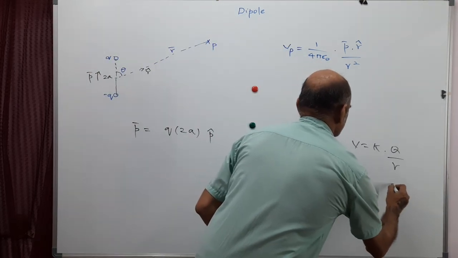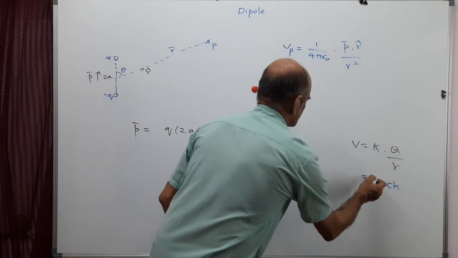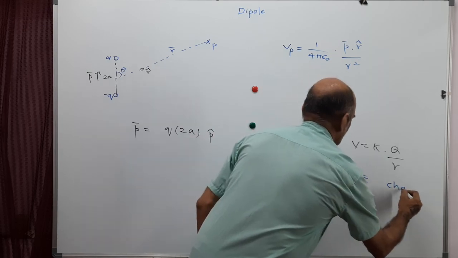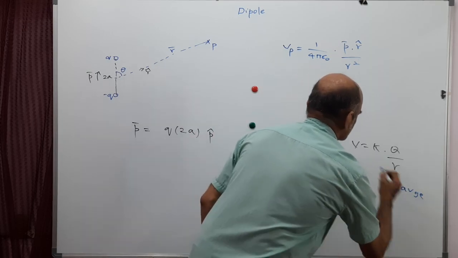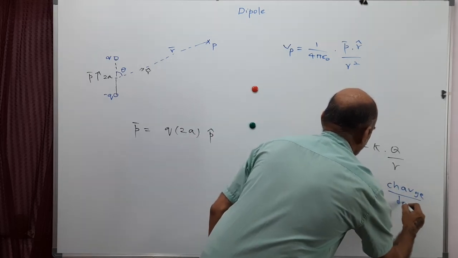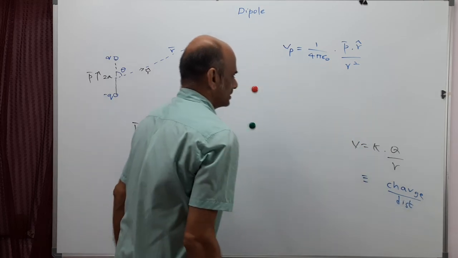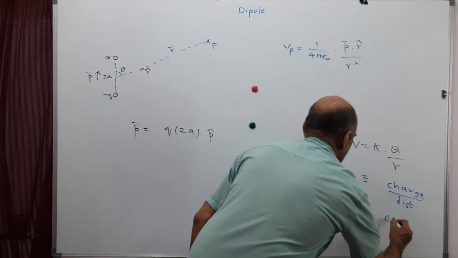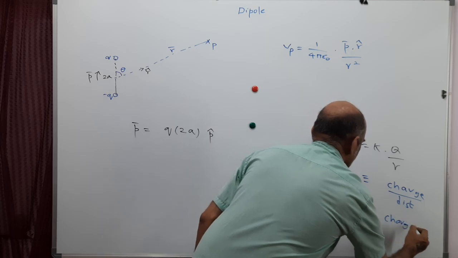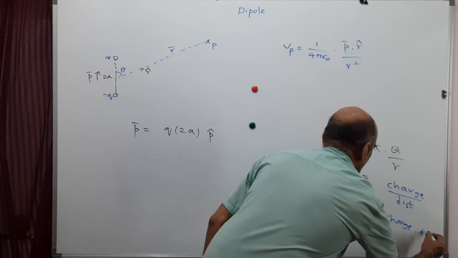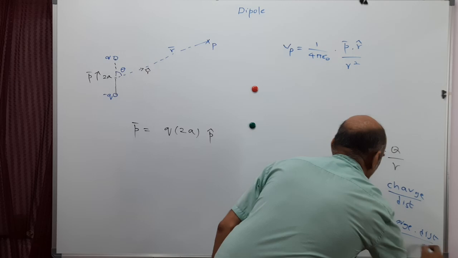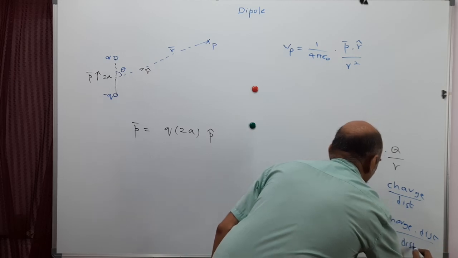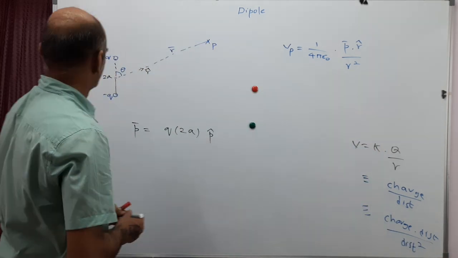Other than this K, it has got dimension of charge by distance, and it's also dimensionally equivalent to charge into distance by distance square.